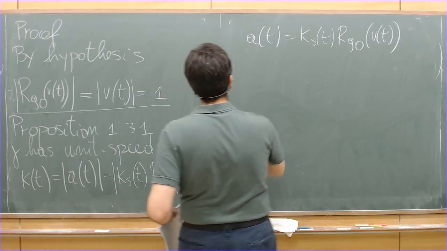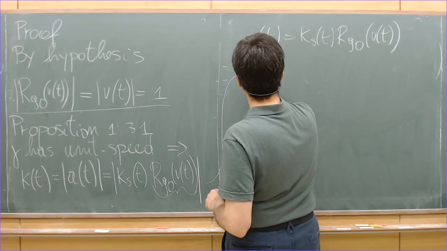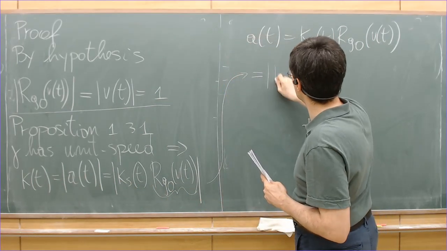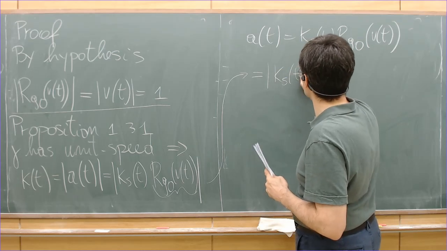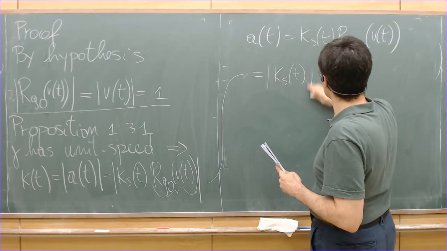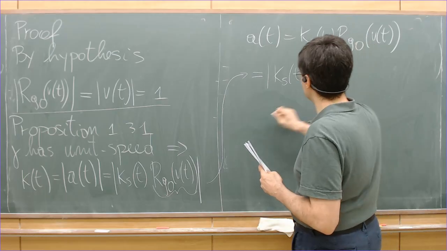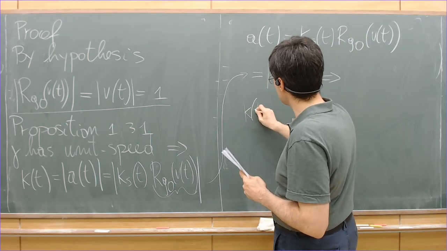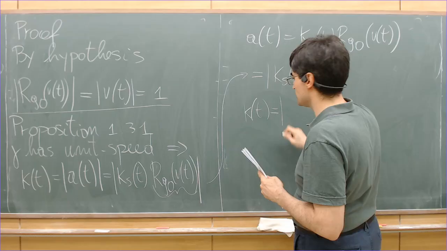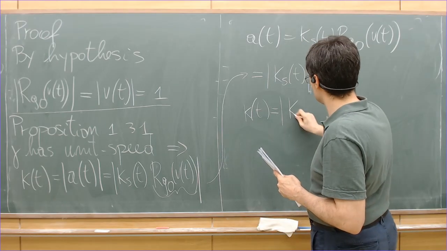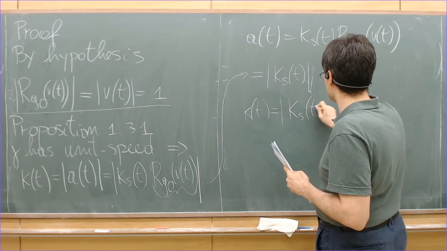So this is equal only to the absolute value of ks(t). We proved k(t) equal to the absolute value of ks(t).